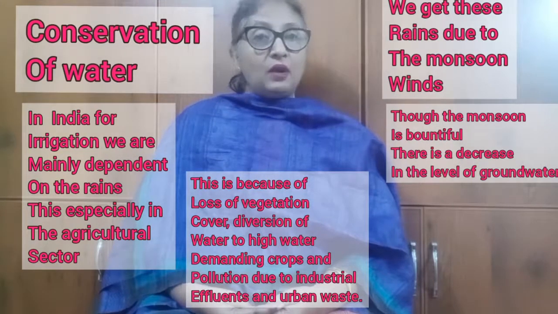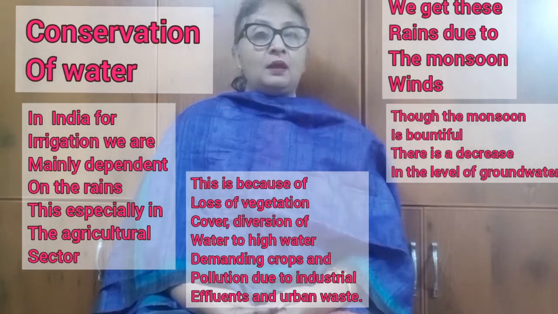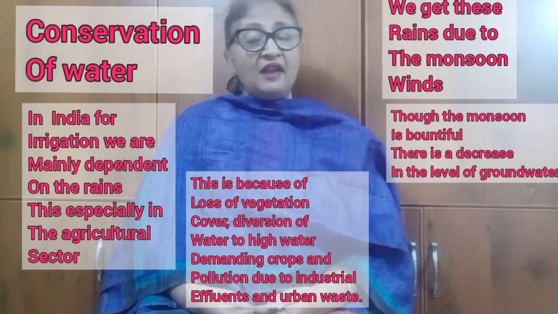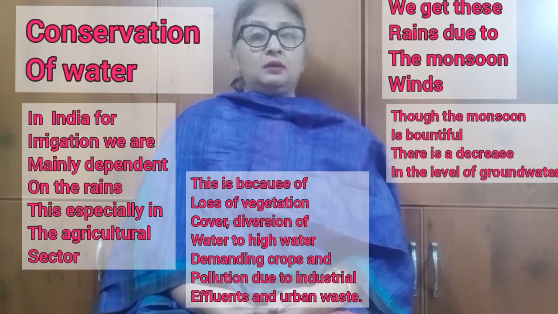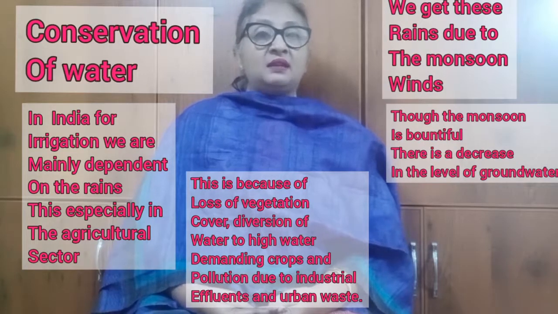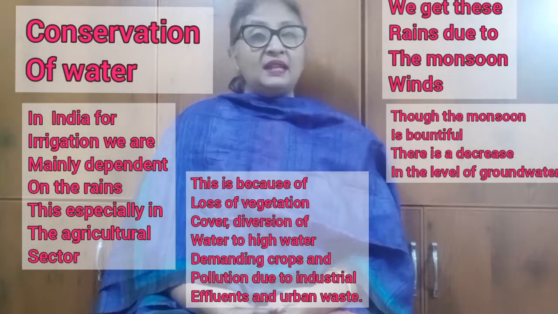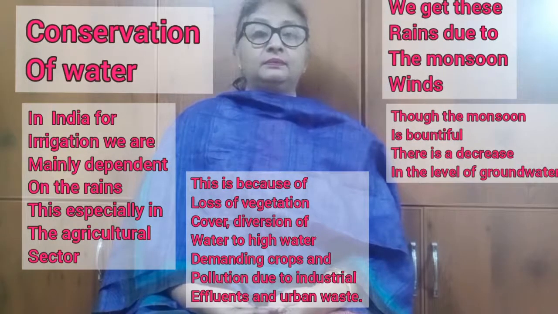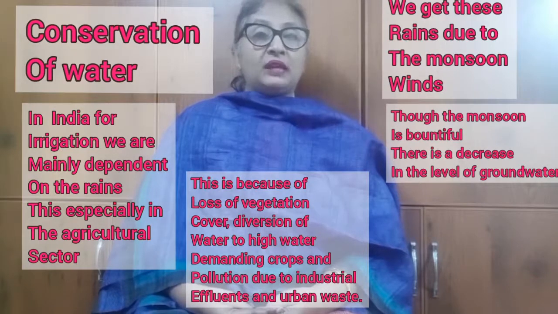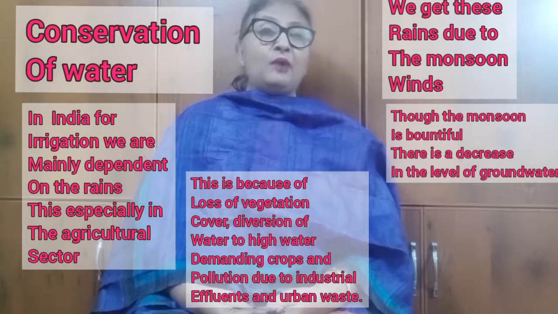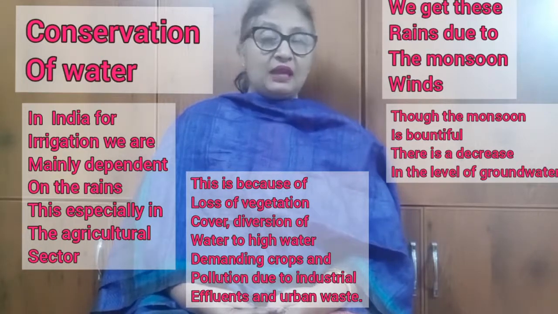There are a few reasons such as loss of vegetation cover, diversion of water to crops that are highly demanding water, and also due to pollution from industrial effluents and urban waste.